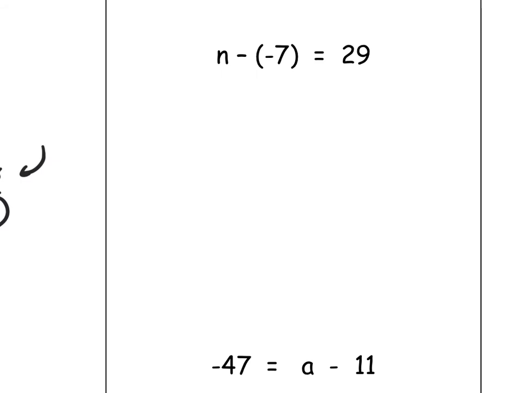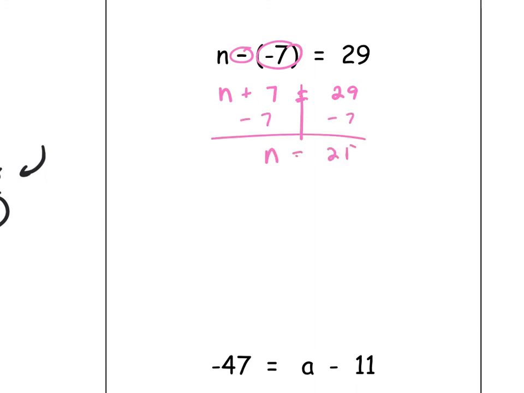The simplest form would be to use keep, change, change, meaning I keep the n, I change this to a plus, and I change this to its opposite. And so when I look at this, it's much easier to know what to do. So your best option would be, when you do see double signs, go ahead and change it. So now please tell me what the solution to this equation is.